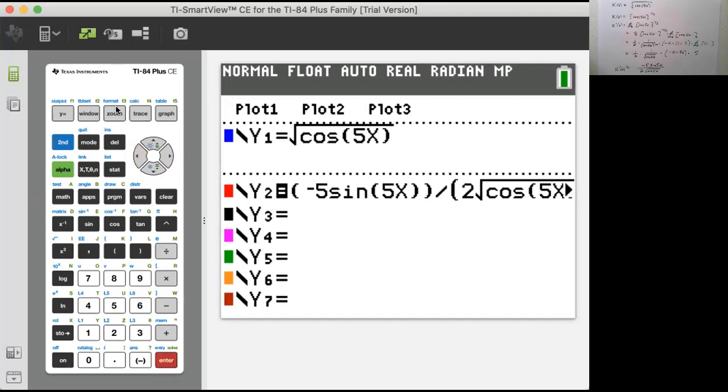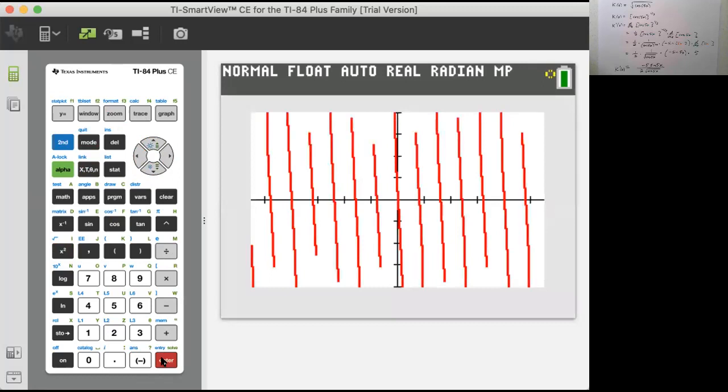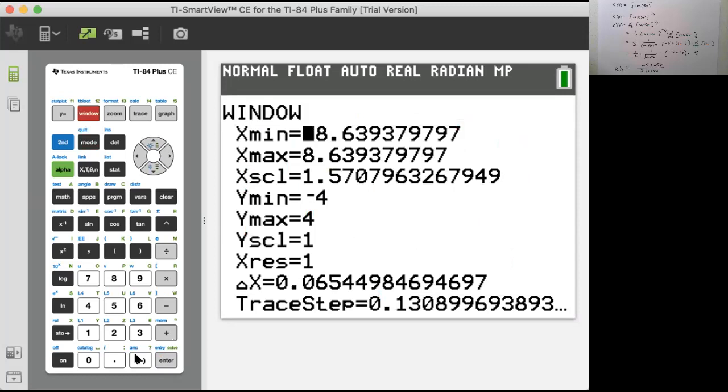Since this is a trig function, I'm going to do a zoom trig, although I expect it to behave rather strangely. That's pretty strange. So when is cosine positive? Maybe I'll just adjust my window from negative pi over 2 to pi over 2.